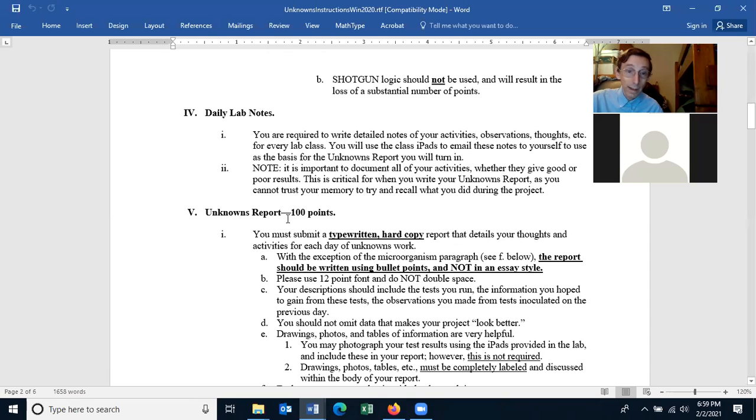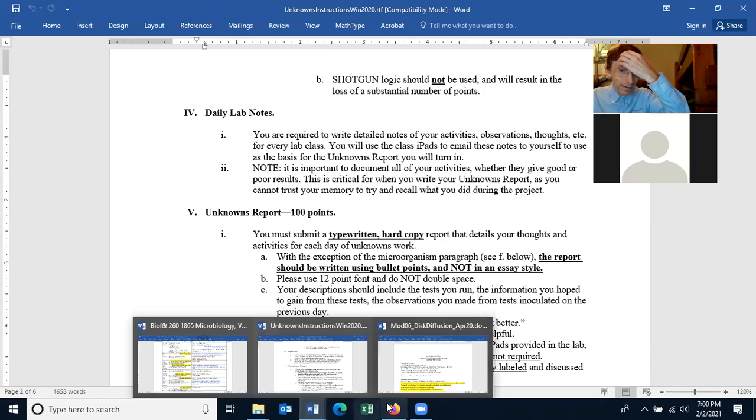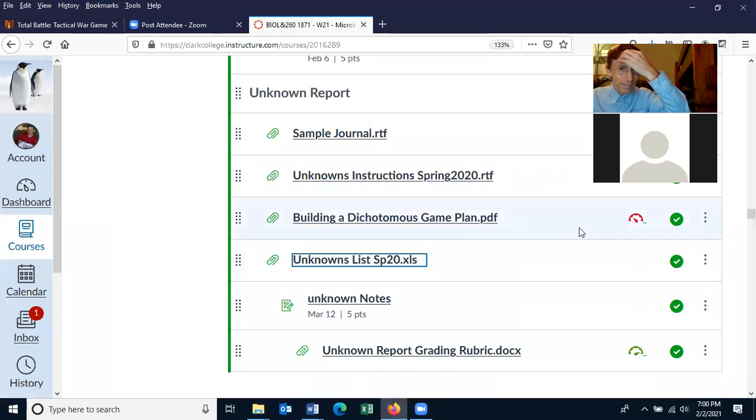Both will be graded. The unknown report project will be worth, I don't think it's 100 points anymore. Let me check on that. In the syllabus, I think that's worth 75 points.